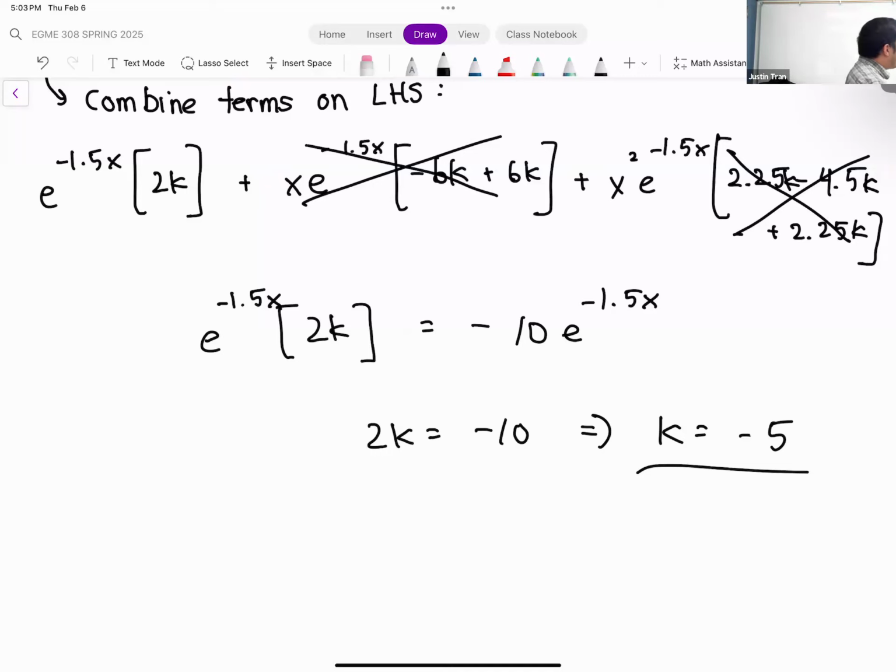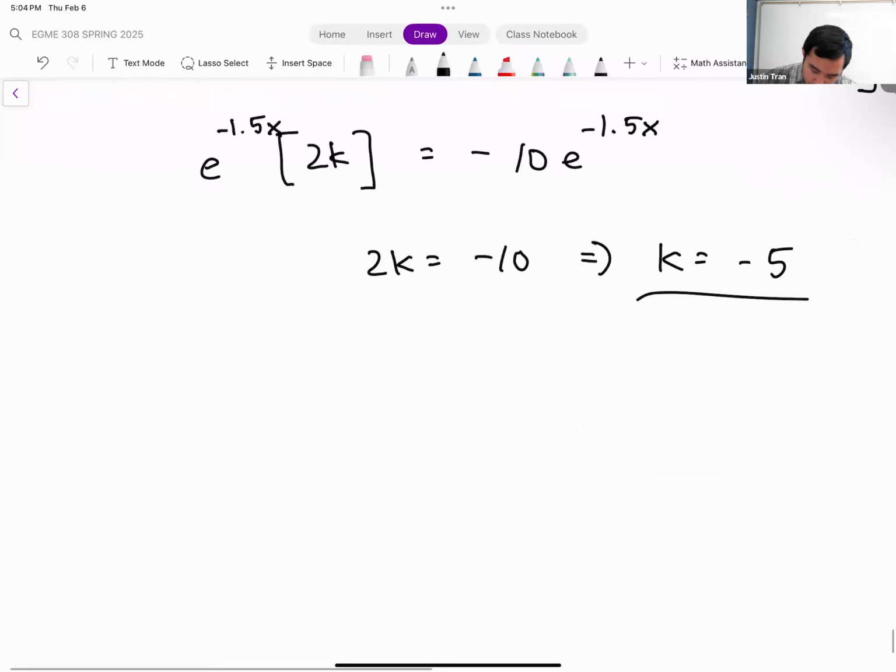So all that worked for a fairly simple result. Let's go ahead and plug that in. That means yp must be equal to minus 5x squared e to the minus 1.5x.